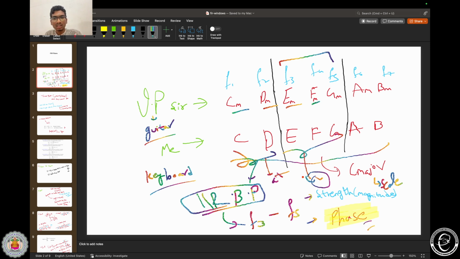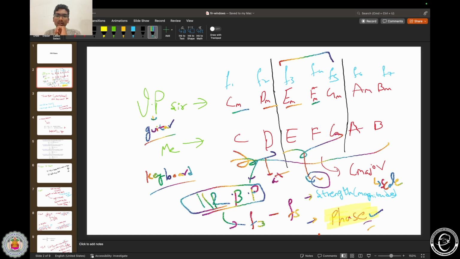Phase. Suppose I am playing E and sir is playing E major chord, but as IIR filters have a non-linear phase response, the timing of the corresponding frequencies will be changed. If I play E and sir is playing E major, due to the non-linear phase I may hear the F major chord for the E key, and this will sound very odd.